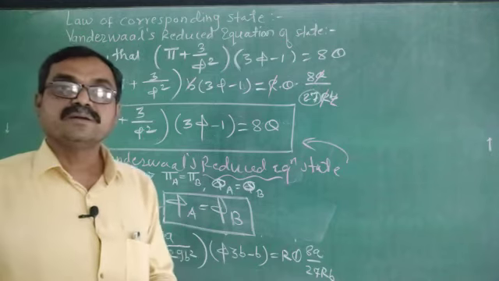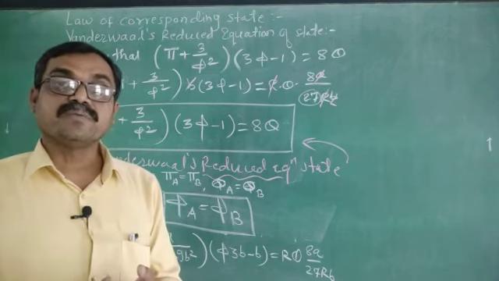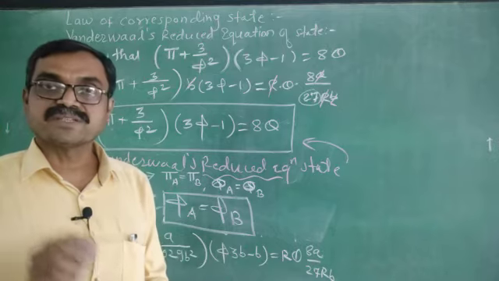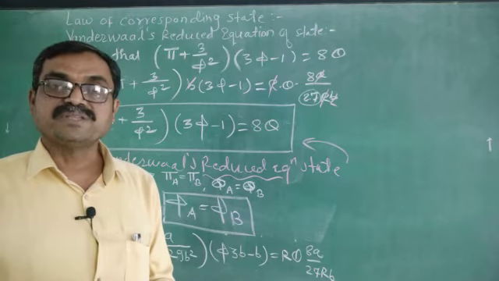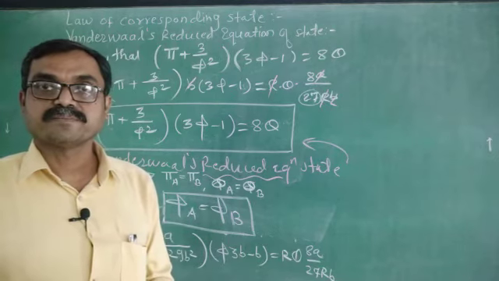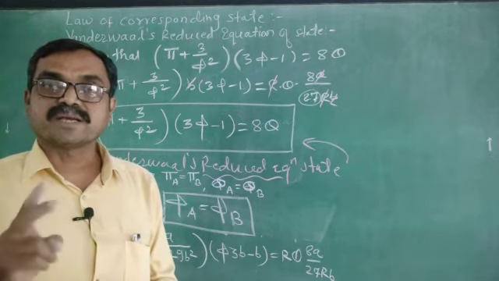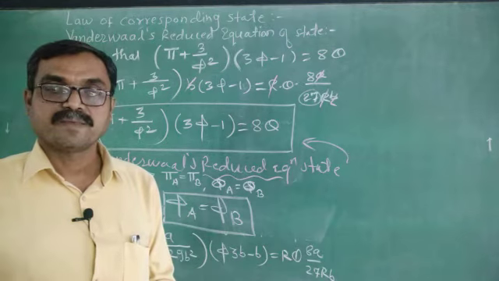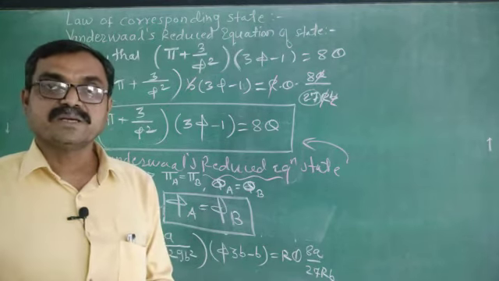And the second point, you must know the relationship between critical constants and van der Waals constants. Which is the first relation? Pc equals a upon 27 b square. What is the second relation? Vc equals 3b. What is the third relation?